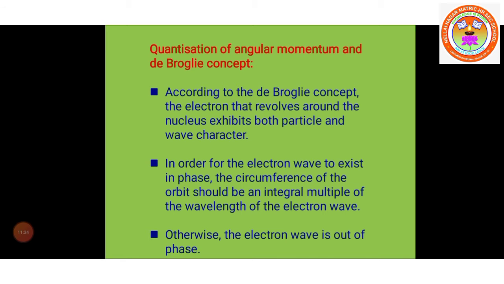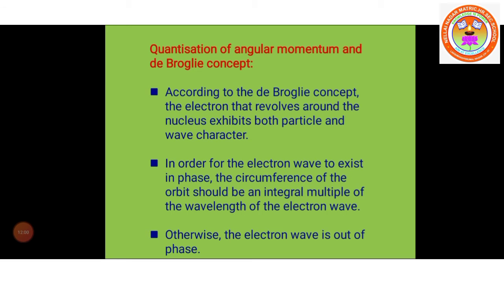So the next concept is quantization of angular momentum and de Broglie concept. The de Broglie derivation is a very important detailed question. The quantization of angular momentum and de Broglie concept is also a very important question.